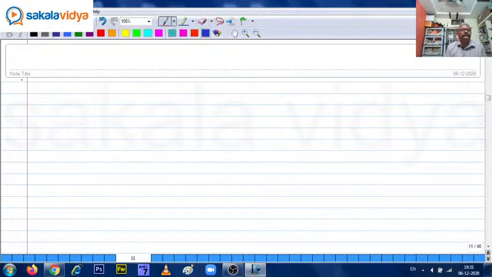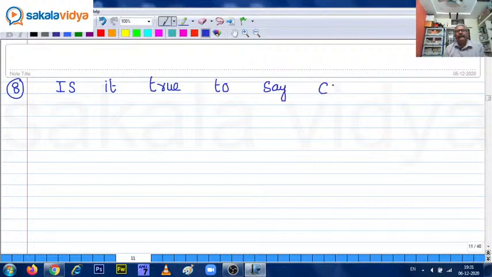Okay, eighth one. Is it true to say cos of a plus b equals cos a plus cos b?